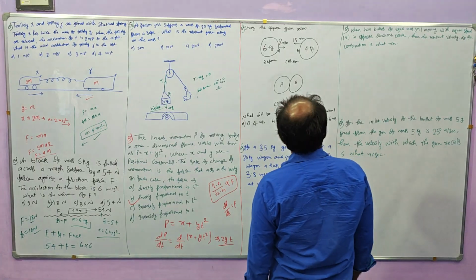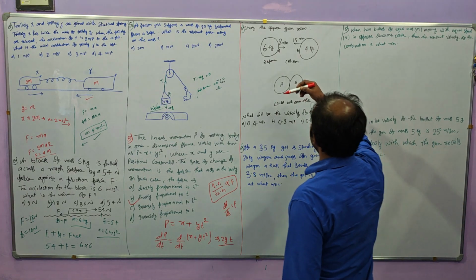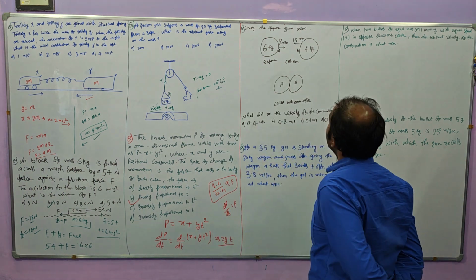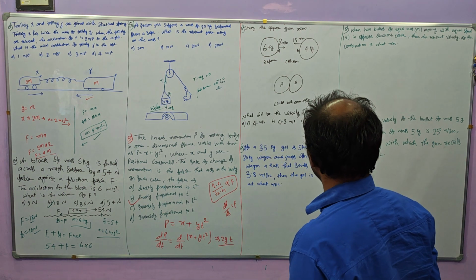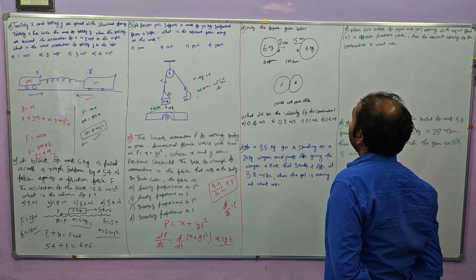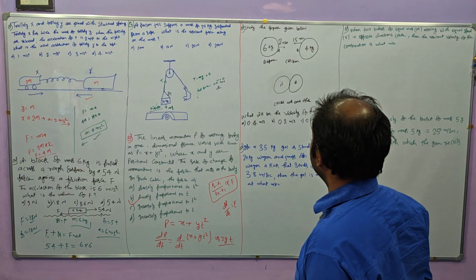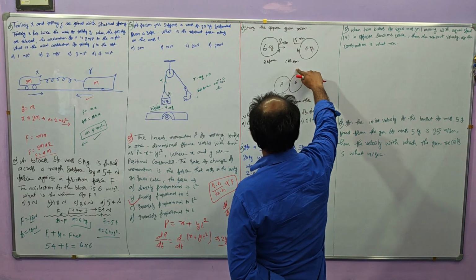In the next question, study the figure given below. A 6 kg mass is moving with a speed of 2 meter per second, and a 4 kg mass is moving with a speed of 1.5 meter per second in the opposite direction. That is before collision.